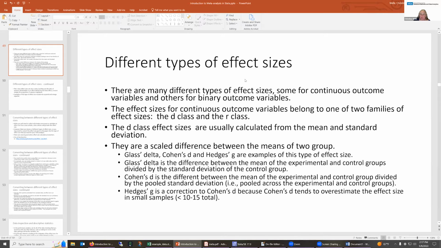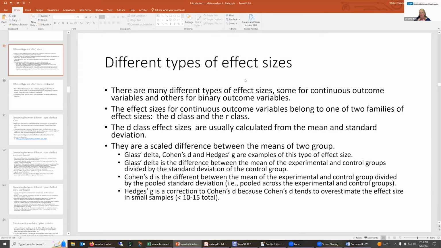The D class effect sizes are usually calculated from the mean and standard deviation, and they are a scaled difference between the means of the two groups. Okay, so that's what it is. What do I mean by scaled? It means it got divided by something. If it got divided by the standard deviation of the control group, we call it Glass's delta.